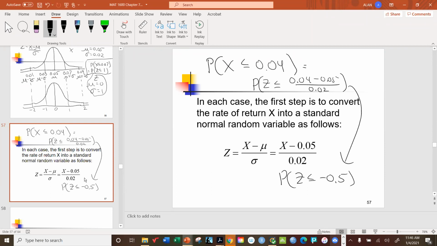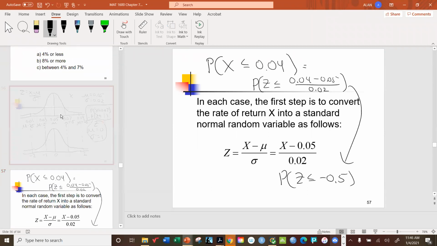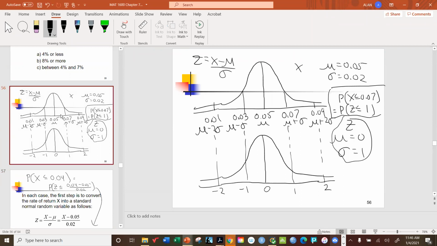So if you go back to this curve, let me just do that real fast. 0.04 on the top curve is the same as -0.5 down here. And we just proved it with that formula. Okay, so 0.04 is mu minus 1/2 sigma.